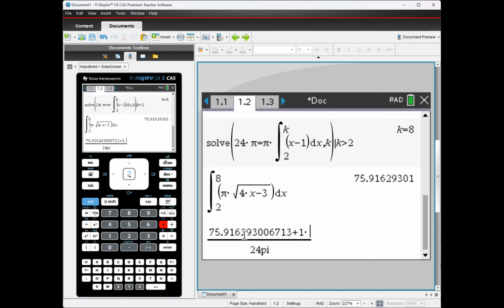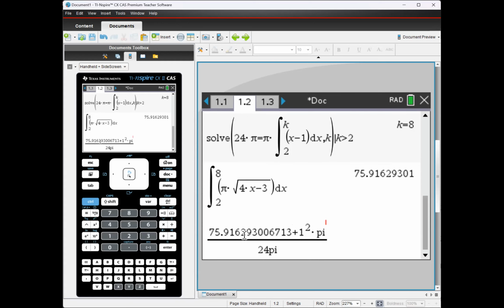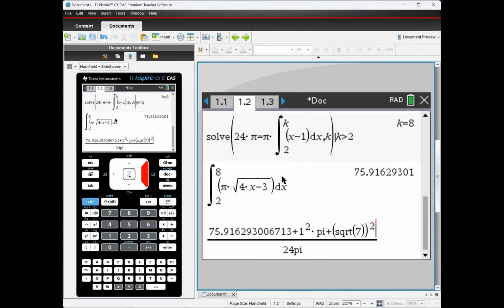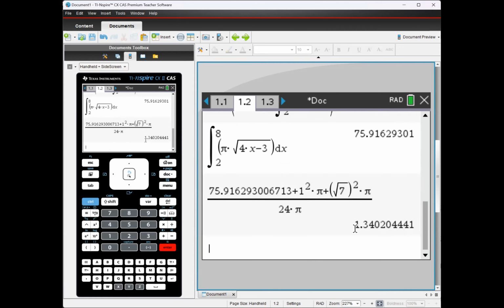So the first end is 1 squared times pi. The second bit is like when you sub in 8 into square root of x minus 1, you get a square root of 7. So basically this is square root of 7 squared. That's the pi r squared bit for the larger disk on the right. And then you'll be able to get something like 1.34020, something like that, okay?